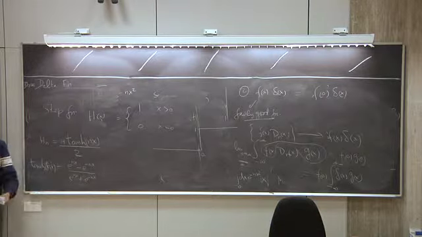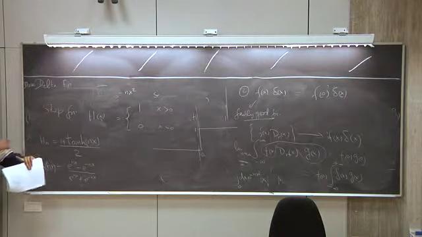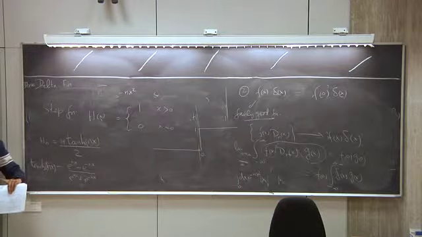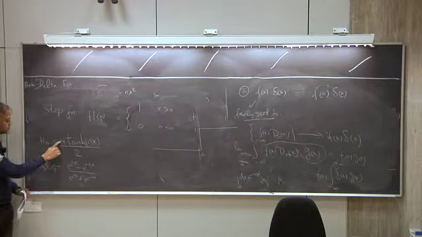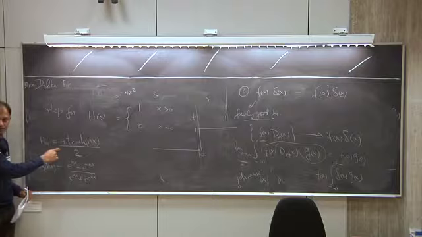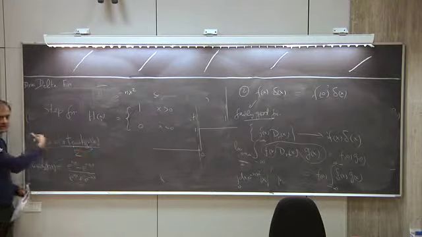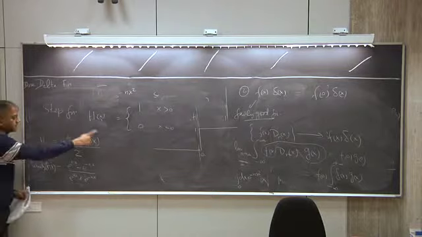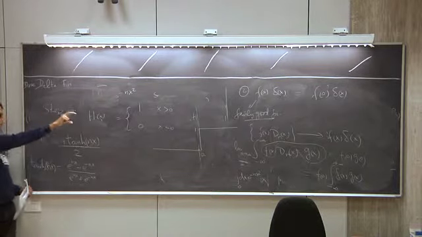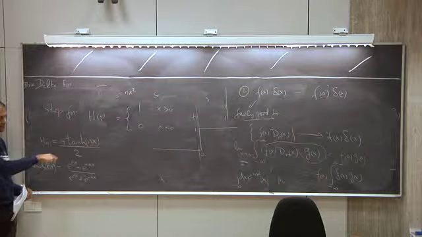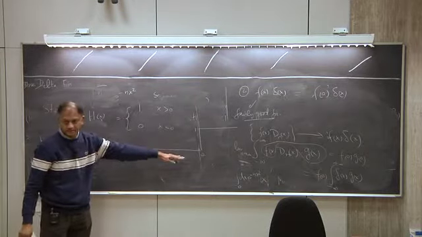So in the two limits, tan hyperbolic goes to minus 1 in the negative direction and plus 1 in the positive direction. So that's why I put it as 1 plus tan hyperbolic divided by 2. As the argument becomes negative infinity, this becomes 0, and at positive infinity, this becomes 1.